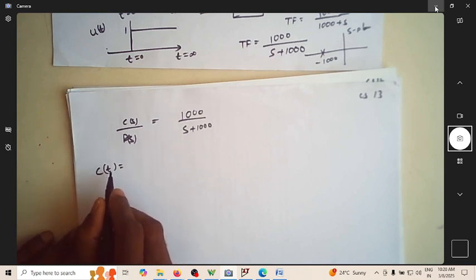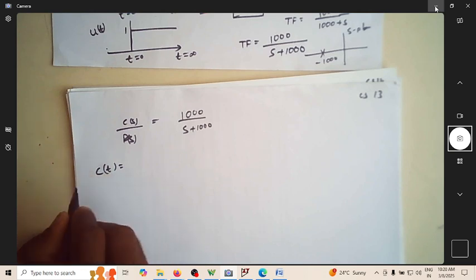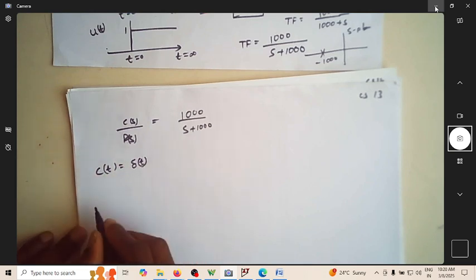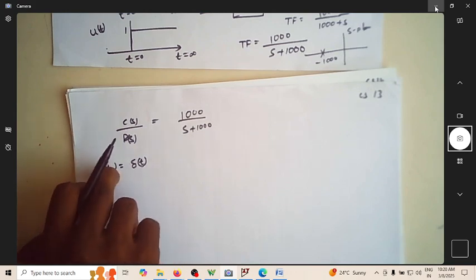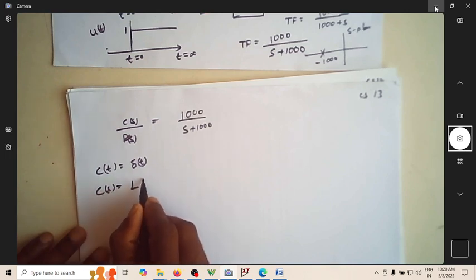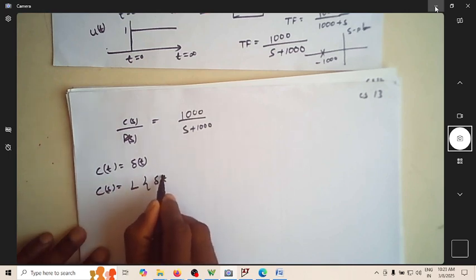It is the time response. The input with respect to time is nothing but the delta function, correct? If you have the input, how do you find R(s)? It is actually the Laplace of delta of t.